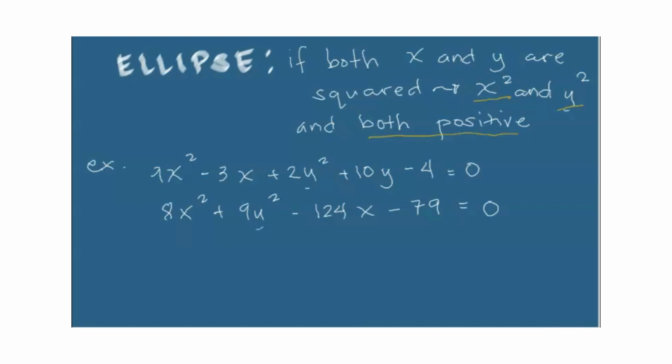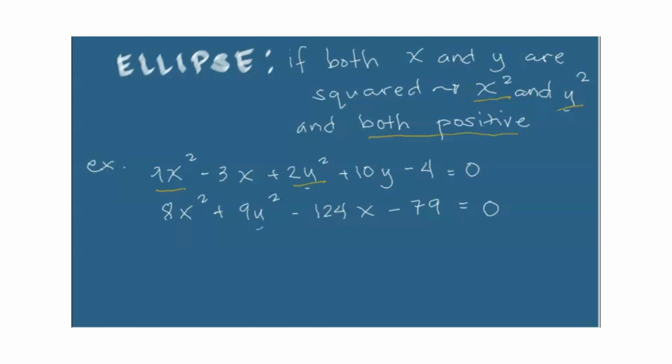Example, 9x squared minus 3x plus 2y squared plus 10y minus 4 equals 0. So we have positive 9x squared, and we have positive 2y squared. So this is an ellipse.